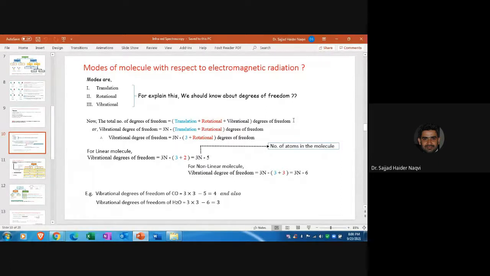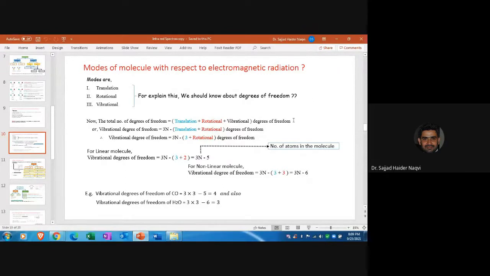Whatever the change is, it is directly correlated with the degrees of freedom the molecule possesses in order to undergo the translational, rotational, or vibrational change. So any translational, rotational, or vibrational change resulting from electromagnetic radiation is related to the degrees of freedom that molecule has. This is the focus of this slide.